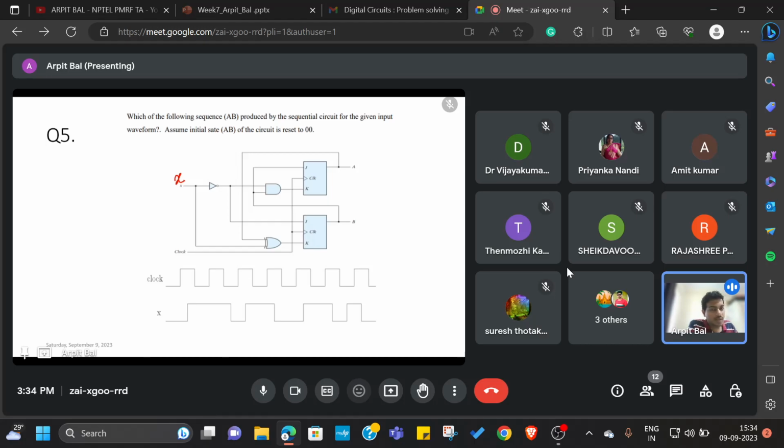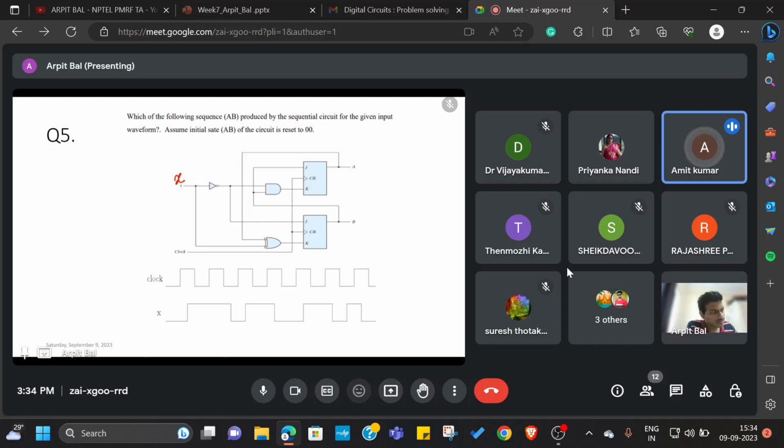Can anyone tell me what should be the first step in this question? We solved 4 questions which were similar to this, so I assume that by observing this circuit, something must be coming to your mind. What should be the first step here?